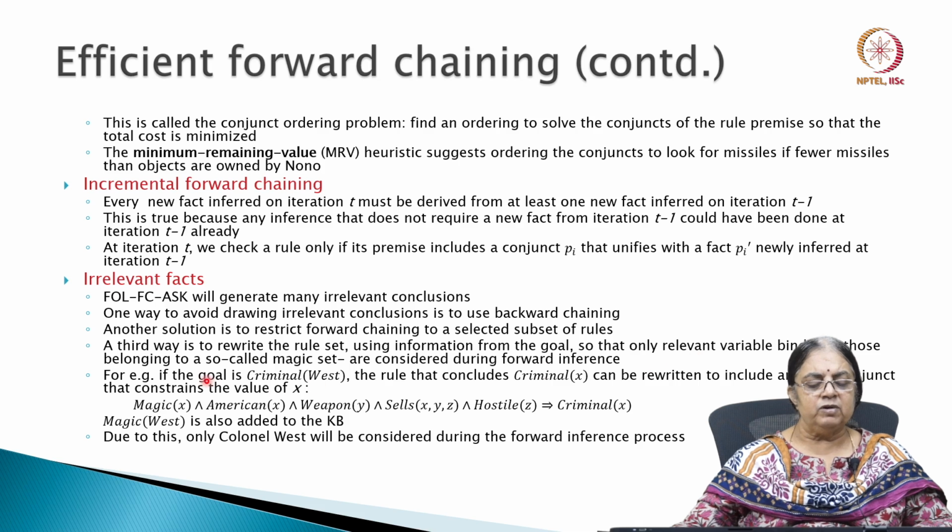For example, if the goal is Criminal(West), then the rule which implies Criminal(X) is an important rule. So you put Magic(X) at the beginning of this. Once you do that, it gives more importance to this rule as compared to the other rules, because we are trying to prove Criminal(West).